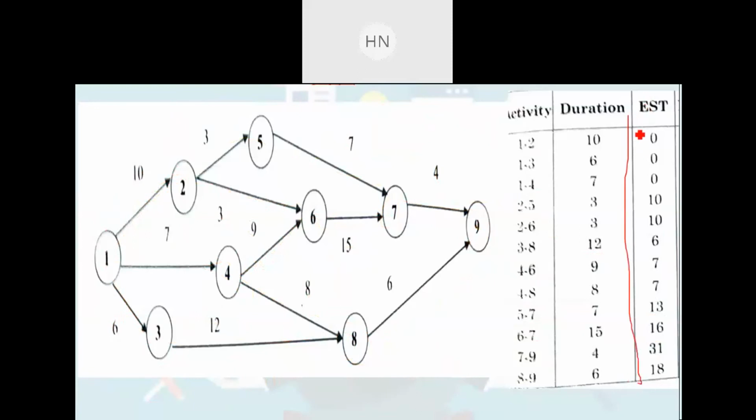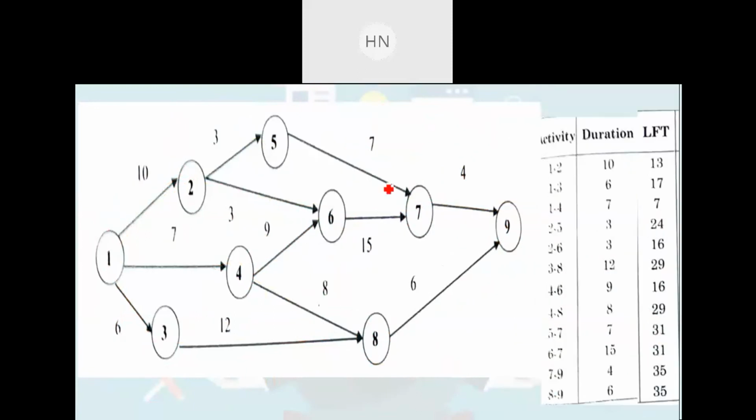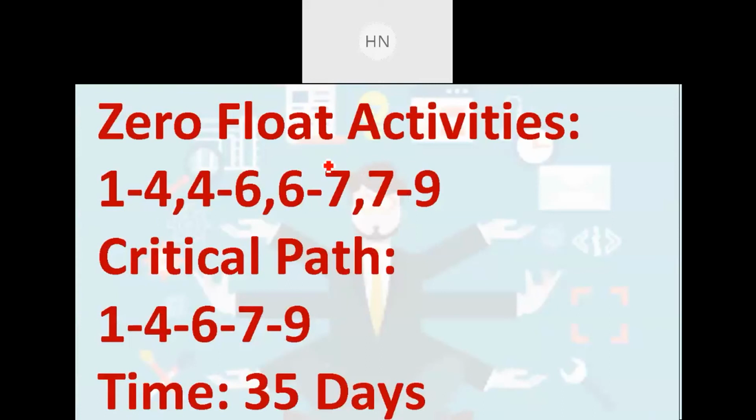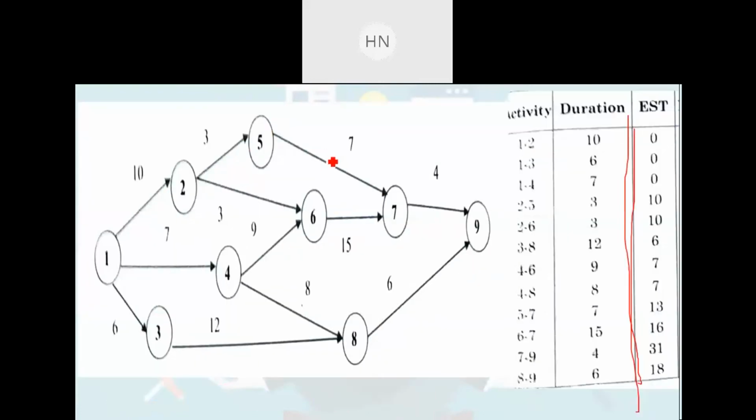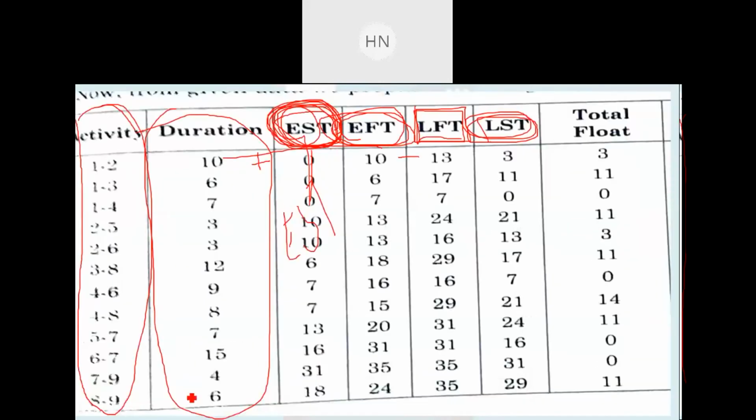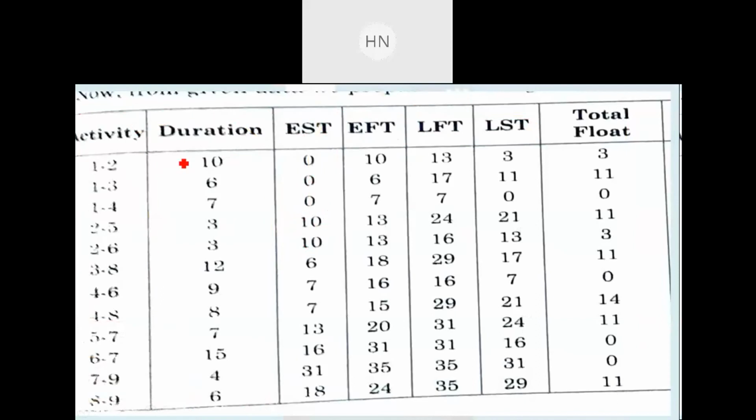This is the final answer, right? Now after that, to find out earliest finishing time, just consider the table. Here in this table, this is the activity, this is the duration. We have found out earliest starting time. Now to find out earliest finishing time, you need to add this duration plus this earliest starting time.